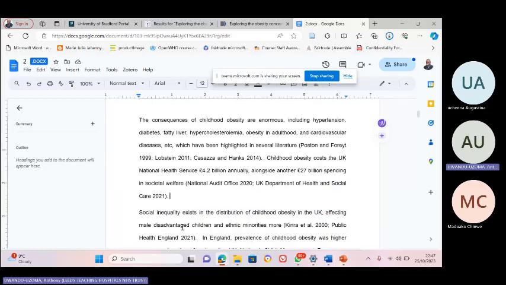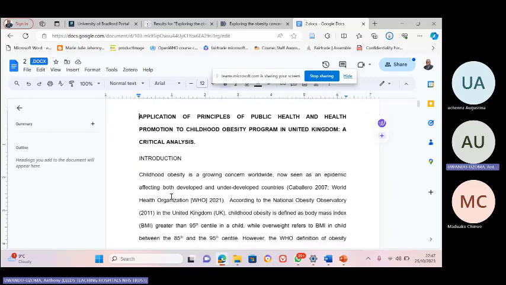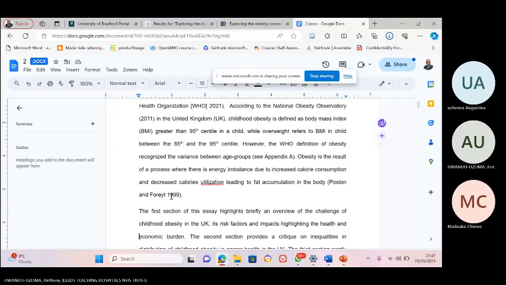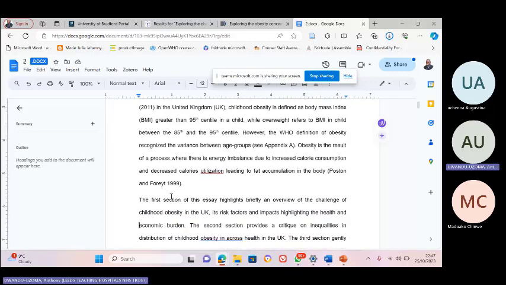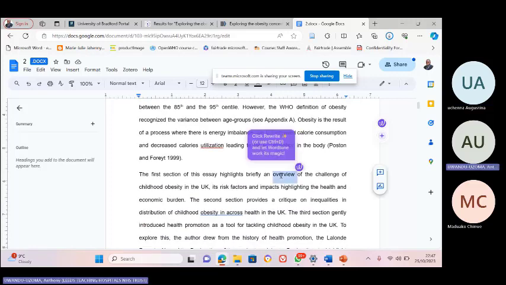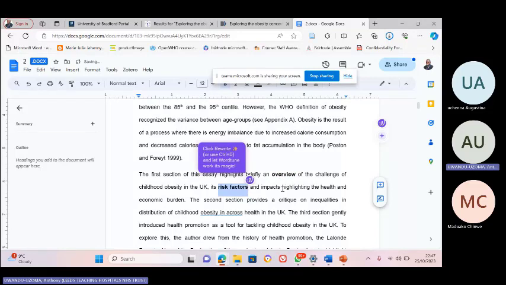Now, for the second part of your essay, after you have done that, you can follow the same structure. If you're asking me how to write your essay, you can choose any disease condition that you like. It does not have to be obesity. Diabetes is there, cancer is there, anything you like. Start with an overview. Then what are the risk factors?